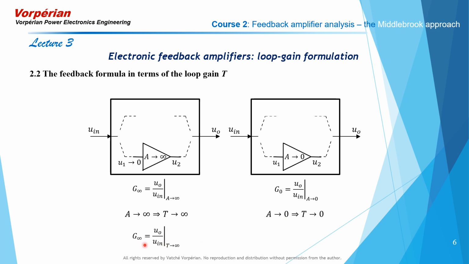So G infinity, another way of looking at it, is the value of the transfer function with the loop gain equal to infinity, and G0 is the value of the transfer function with the loop gain T equal to 0. With the understanding that T infinity is determined by letting the value of the gain element go to infinity, and T equal to 0 is obtained by letting the value of the gain element go to 0.